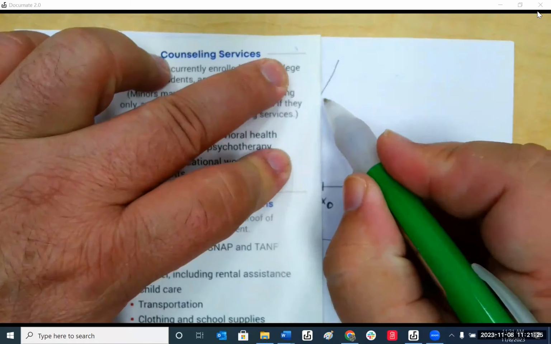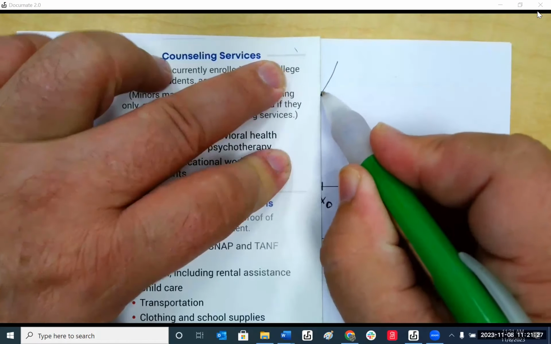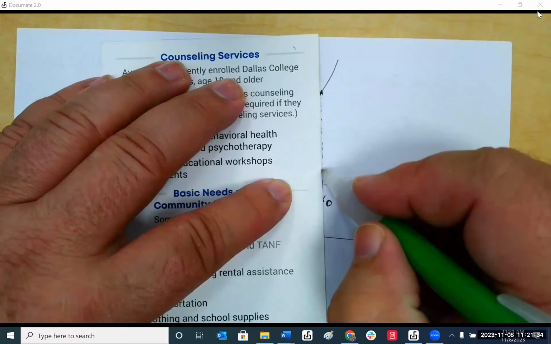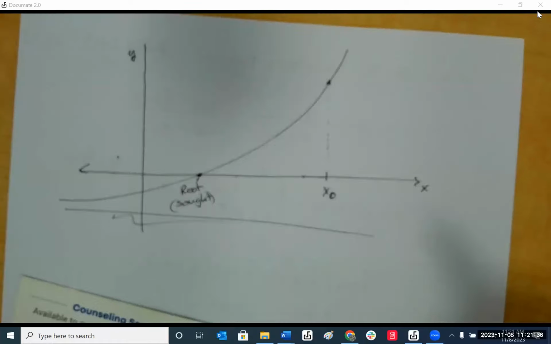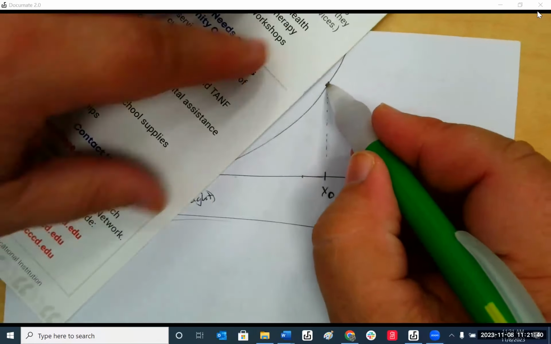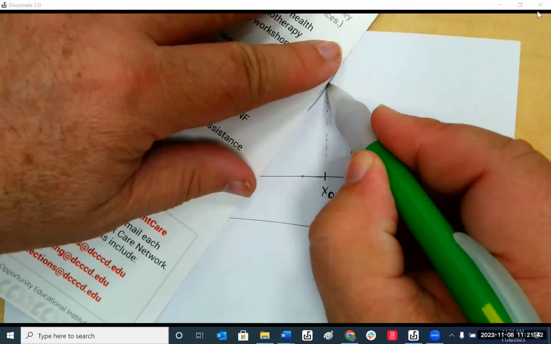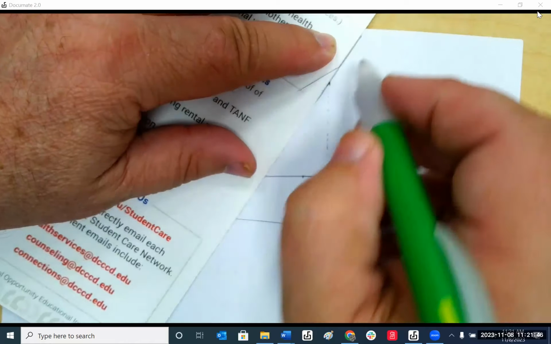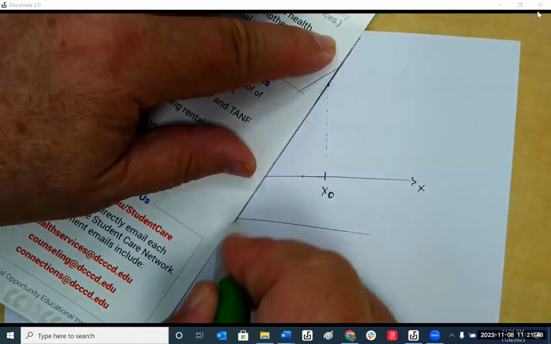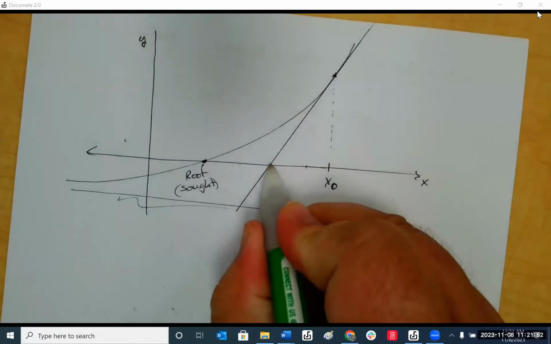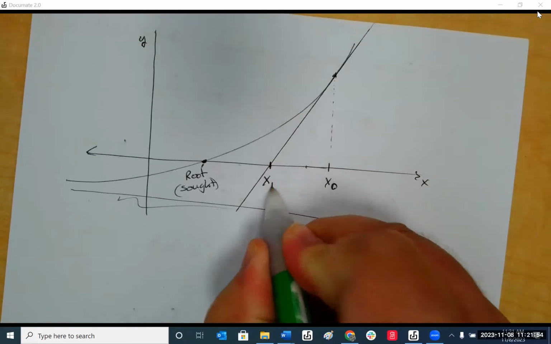This will map to that point, right? Now, we take the first derivative, that finds us the equation of the line tangent to that curve. This is now our next x value.